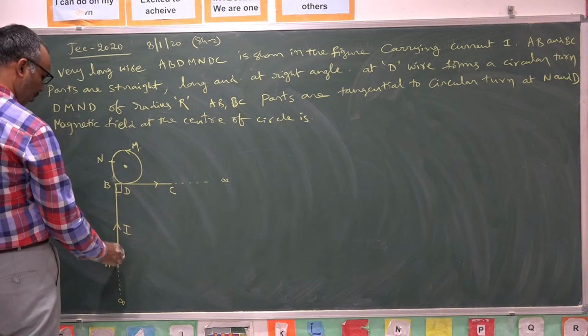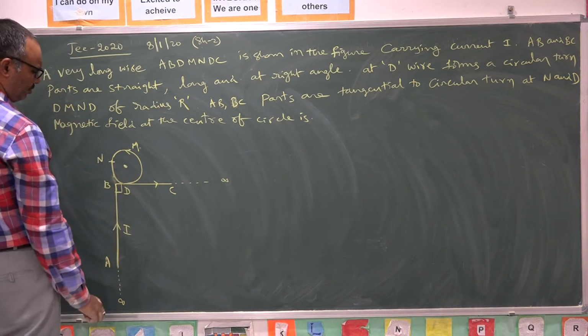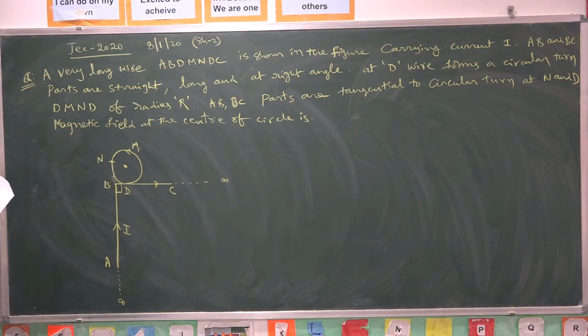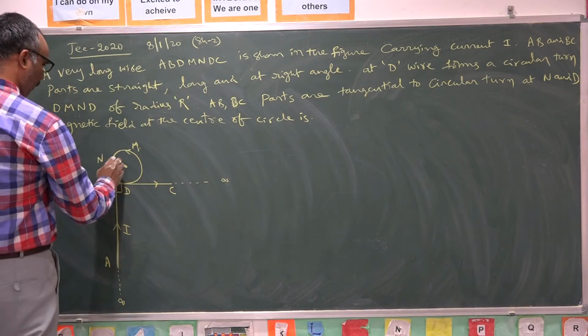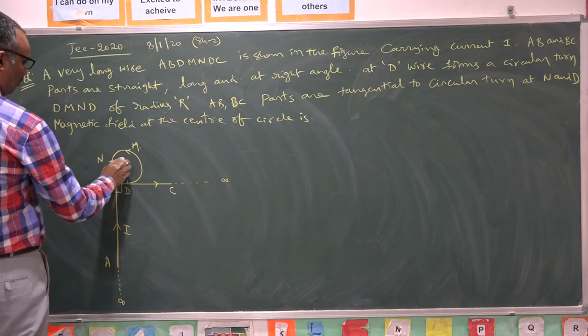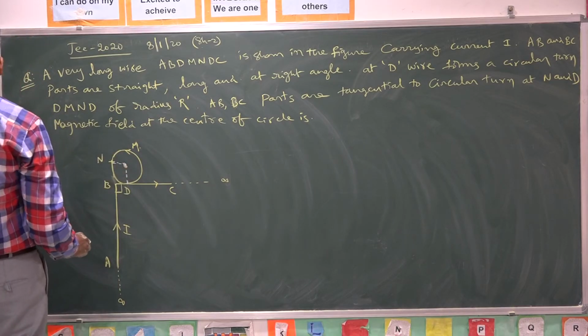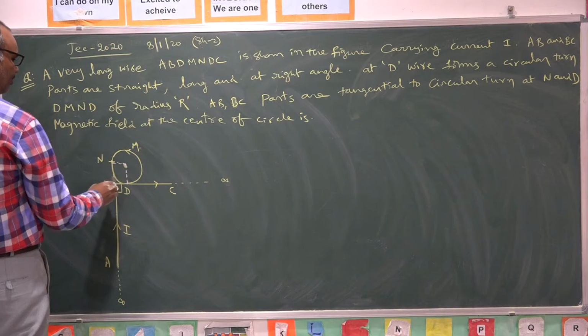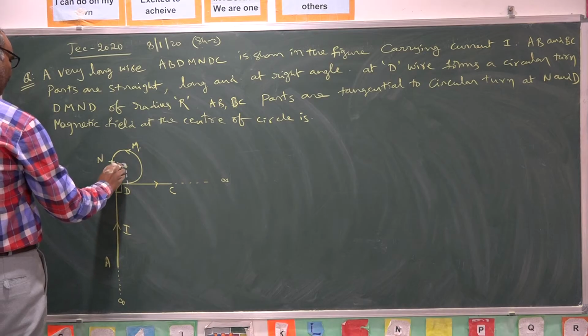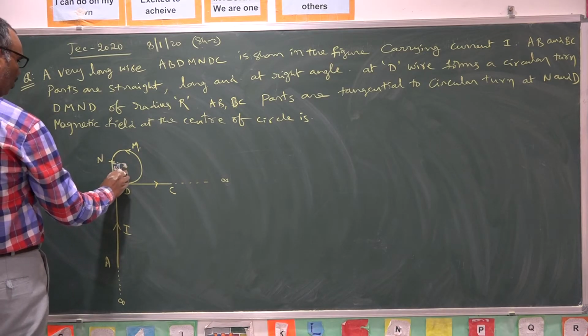Suppose AB is one portion. Here, if you take like this, angle is 90 degrees. So this 90 degrees can be divided into 2 portions, 45 degrees, 45 degrees.